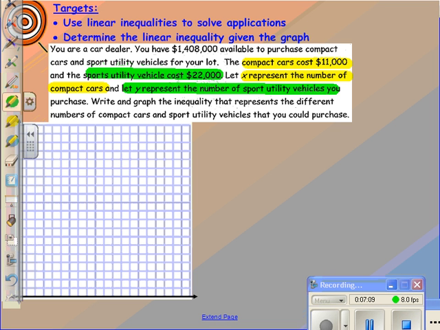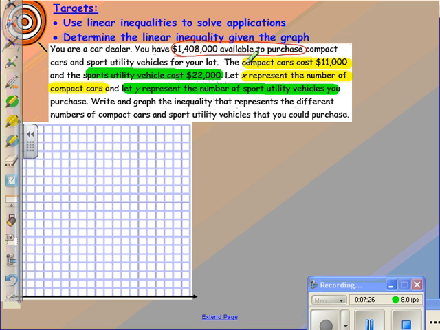Now I need my total here, and my total, it says we have $1,408,000 available to purchase. Okay, so let's set that up.